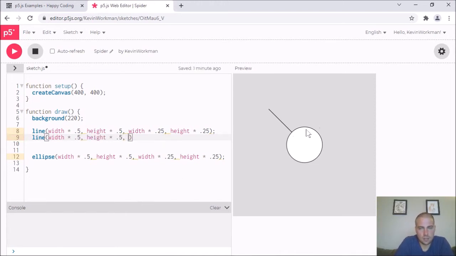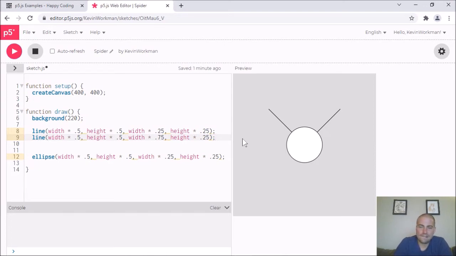Then I want it to end in the upper right corner, so width times 0.75, closer to the right edge. The y value is going to be the same as the first leg, because I want it to end at the same vertical position. Let's run this and see what I broke. And there you go. You can see these are starting to be legs.